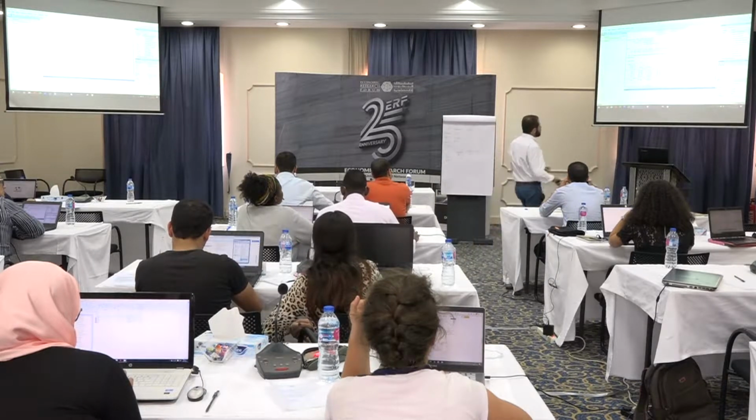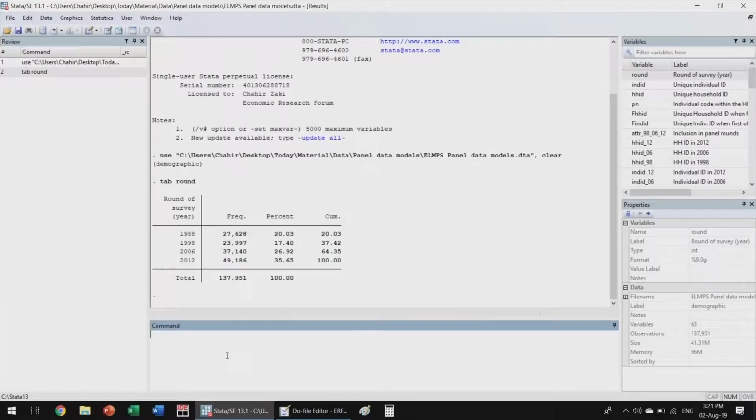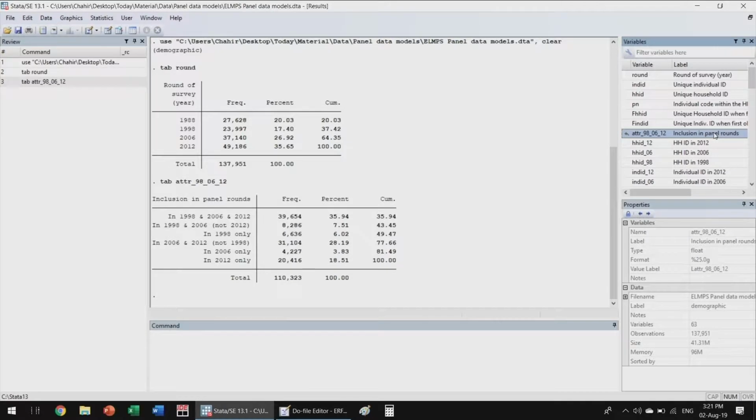So we have the individual ID after the round, the household ID, the code, the unique identifier. The important variable that we have here is the variable called attr 1998 06 12. So we're going to tabulate this variable, ATTR 98 06 and 12.